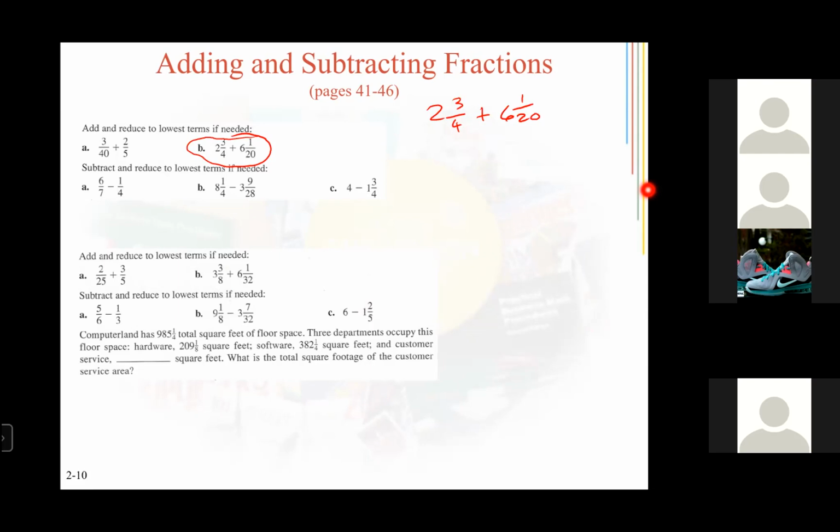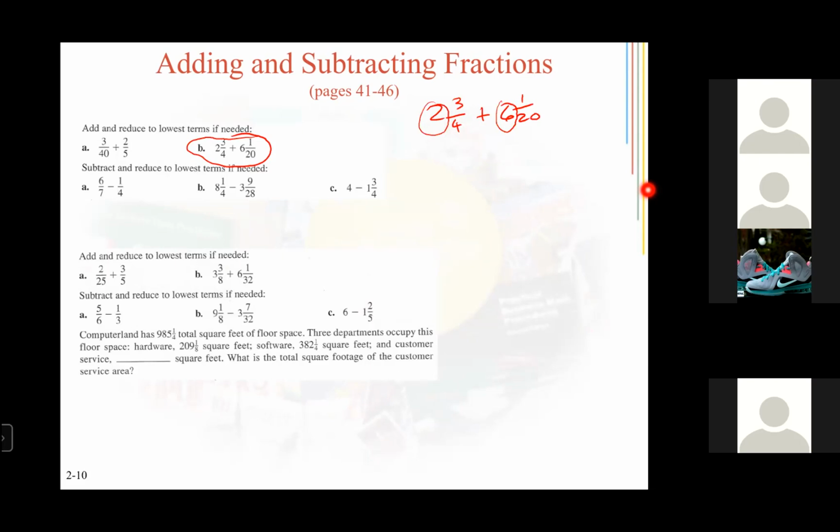Do we change those to improper fractions? Yeah, 2 times 4 plus 3. Or do we find the LCD? We have to find the lowest common denominator, but I am thinking you have a whole number here, another whole number here. You could deal with the whole numbers first.